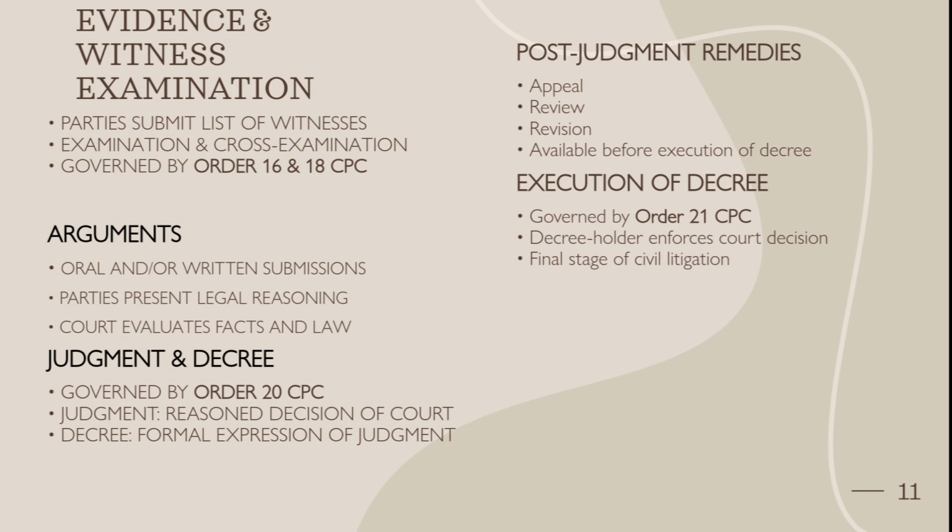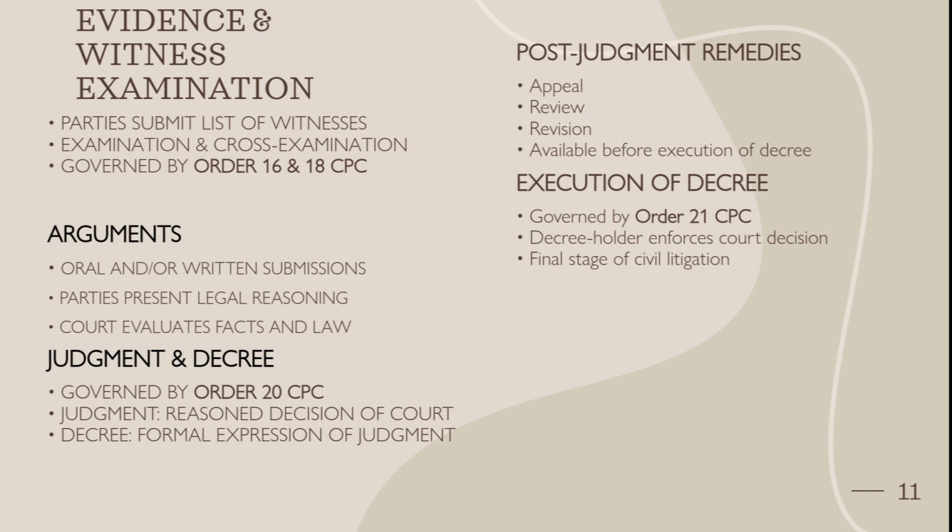And after all these things, the very most important stage of a civil suit is judgment or decree. So, after hearing the arguments of both sides and all the evidence, the court delivers the judgment, and the judgment is followed by a decree, which is the formal order of the court, within a period of 15 years after the judgment.